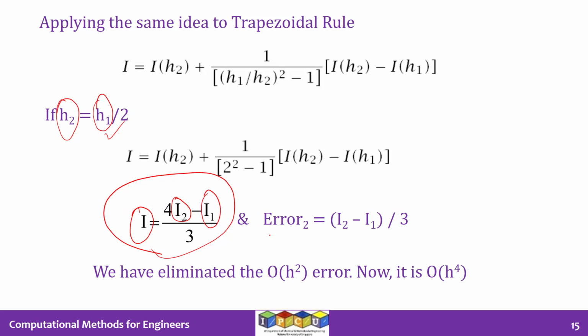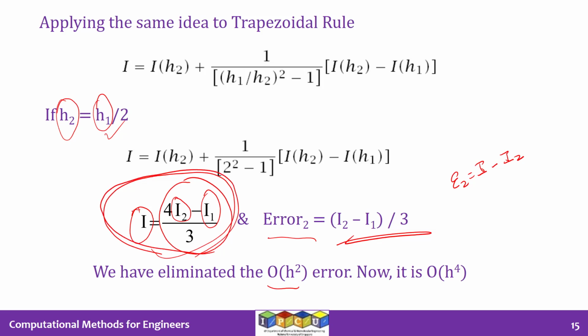And then you can quantify the error by just saying error 2 is I minus I2. So you take this expression for I, you subtract I2 from it, you will get this expression. Now, you know trapezoidal rule has order of h to the power of 2 error. Now by doing this kind of a calculation for I, the error will be of the order of h to the power of 4.